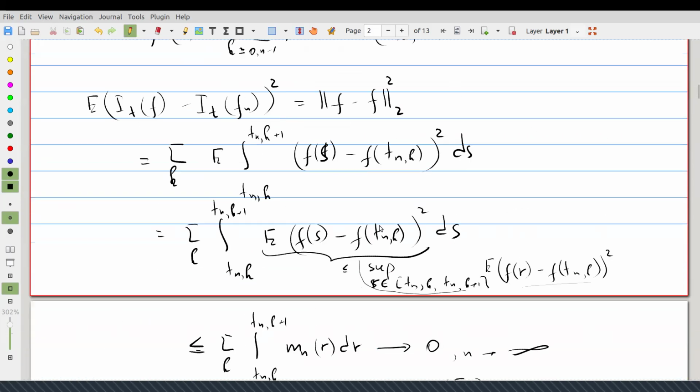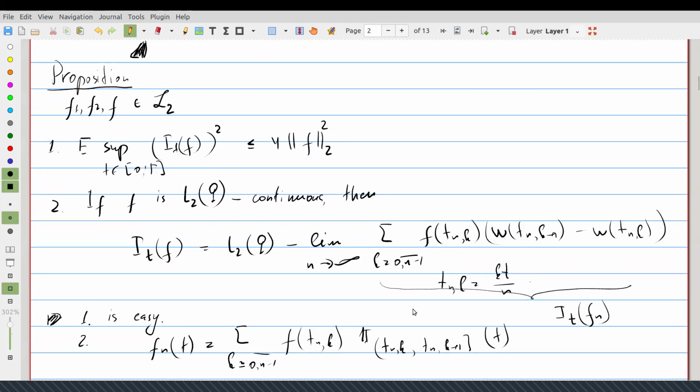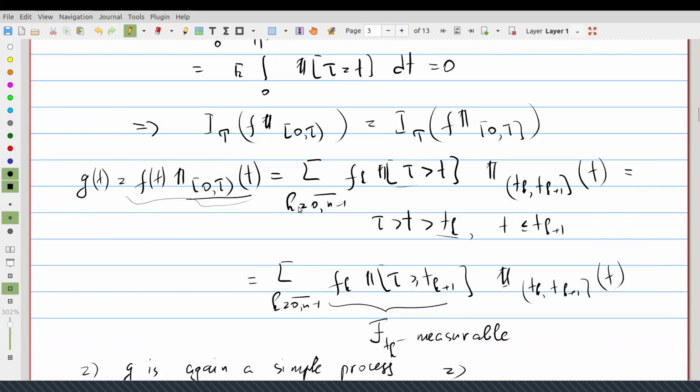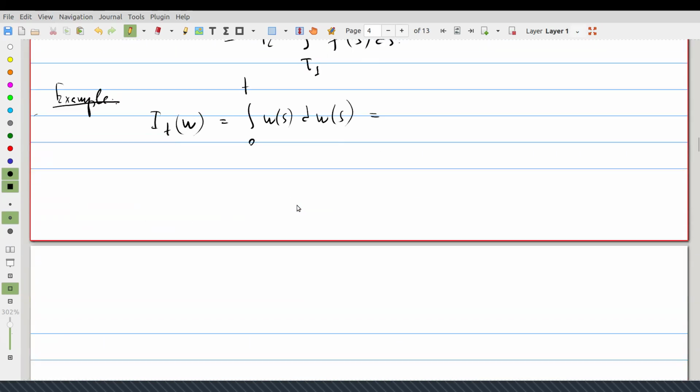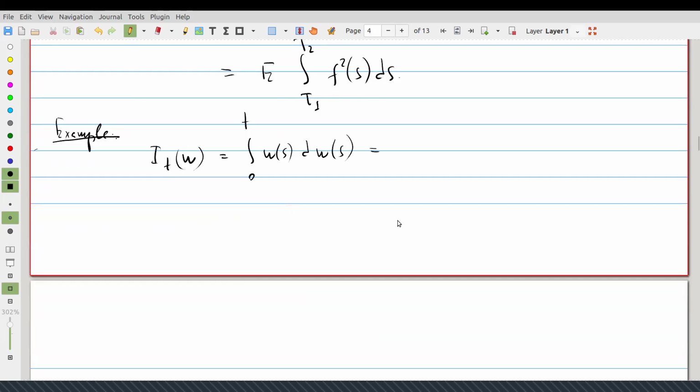If the stochastic process being integrated is good enough in L2 sense, you can obtain the stochastic integral as the limit of the Riemann sums. But we already considered such Riemann sums when we were calculating the quadratic variation of a Wiener process, and we already know that this is 1 over 2 times (Wt squared minus t).